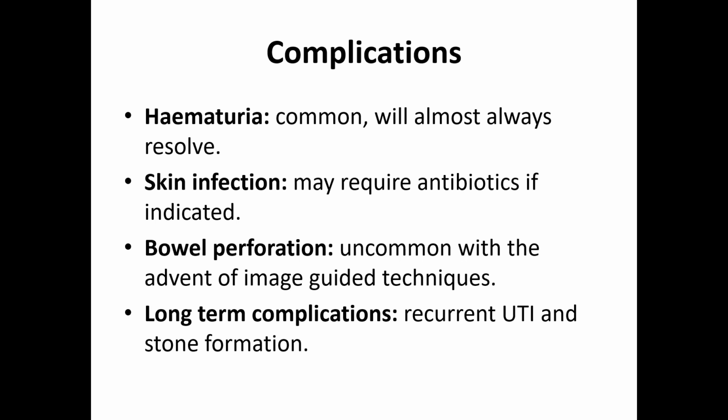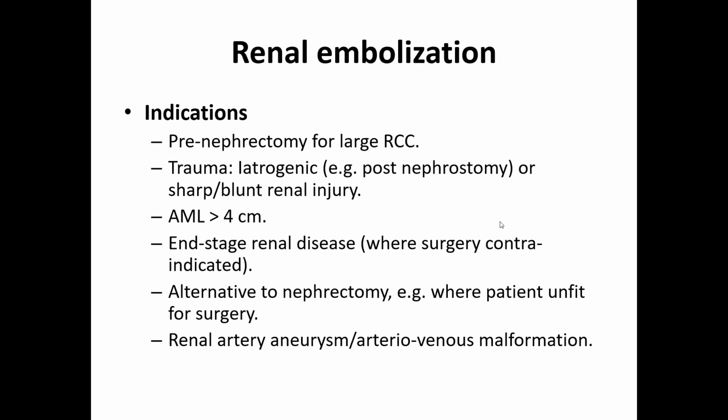Complications: hematuria, skin infection, bowel perforation, and long-term complications are UTI and stone formation. Embolization is indicated in cases when there is bleeding. For example, in PCNL, sometimes you have a big tumor and you decrease the vascularity in order to make your procedure simpler. You embolize the renal artery.